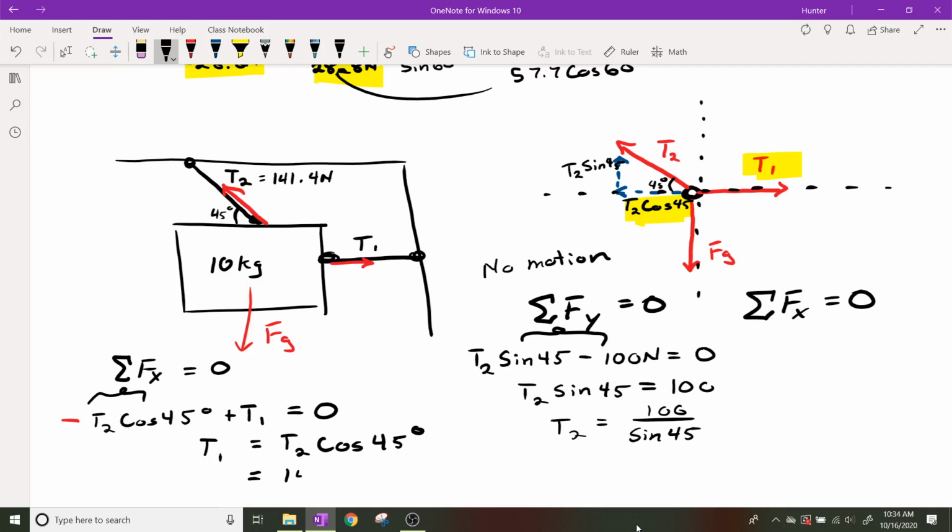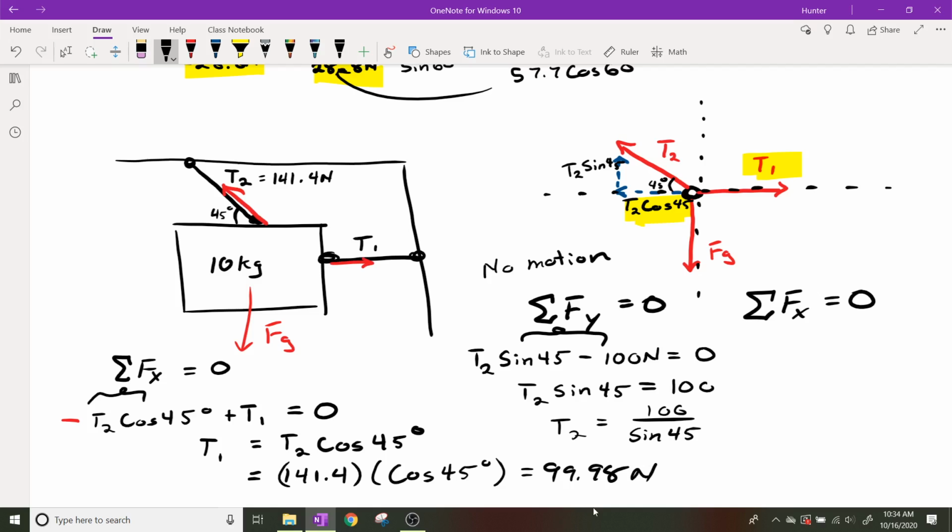What is that? 141.4 newtons times the cosine of 45 degrees. 99.98 newtons. Okay. Yeah, it's even crazier that I made this up. So that's 99.98 newtons to the right.